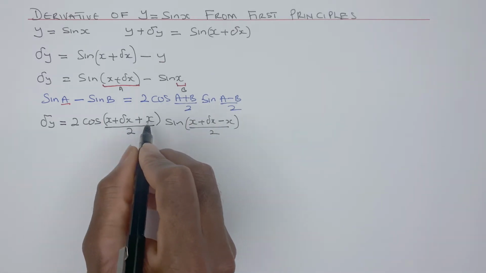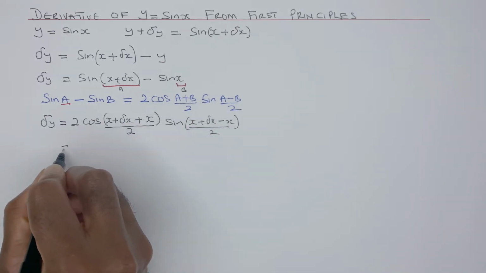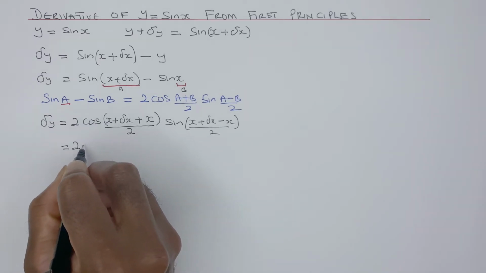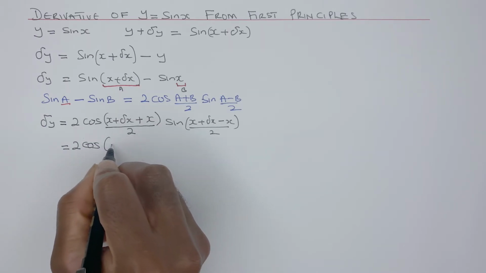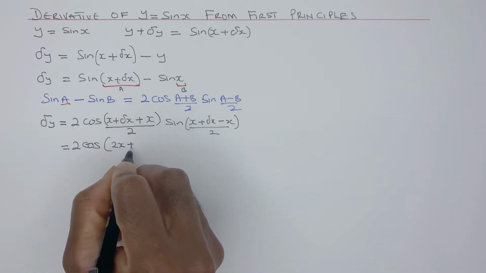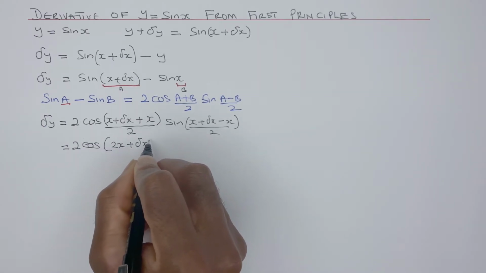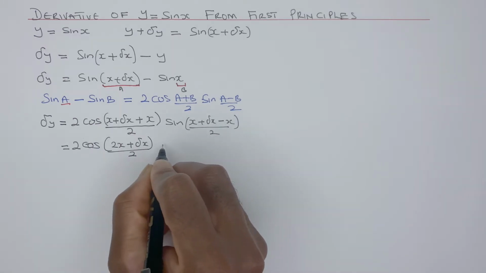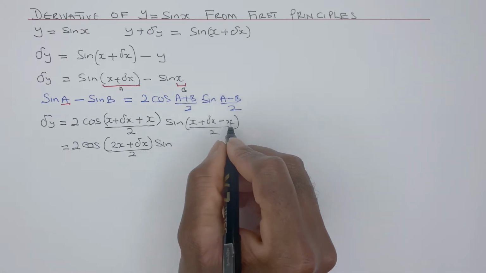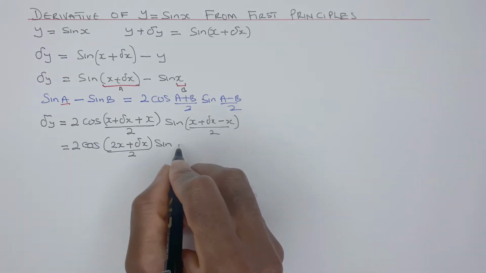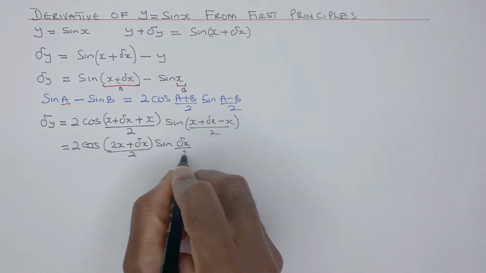Now x plus x is 2x. So I get 2 cos of (2x plus delta x) over 2, sine of (x plus delta x minus x), which will be delta x over 2.